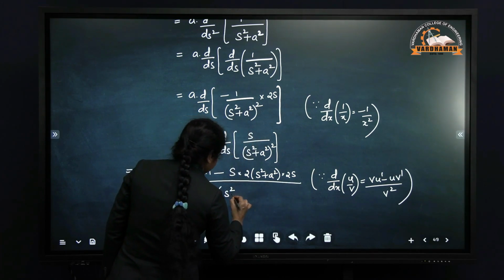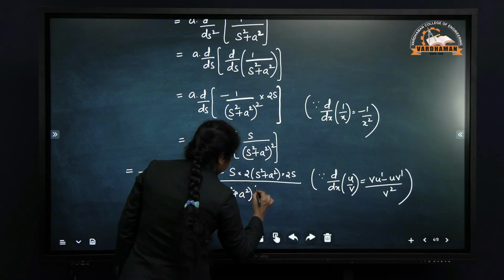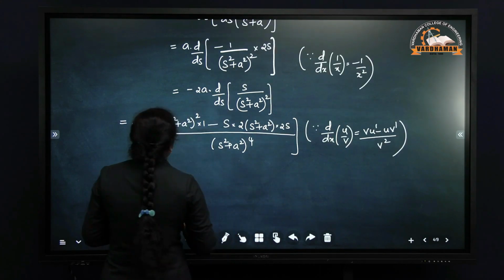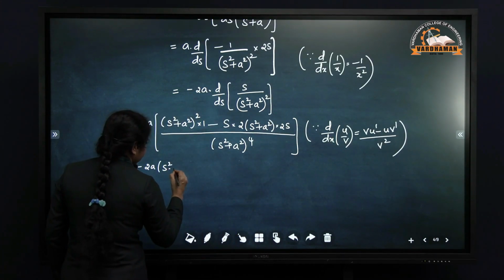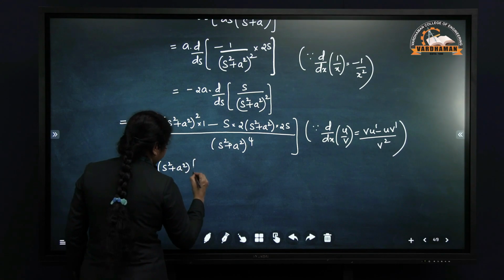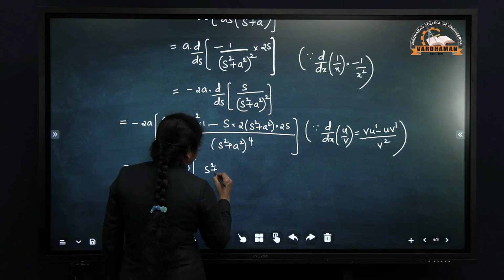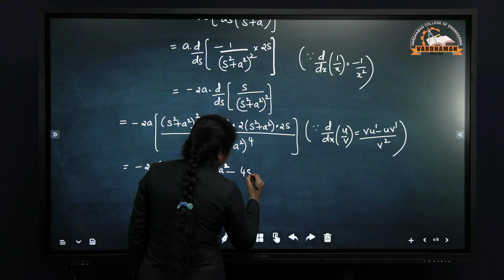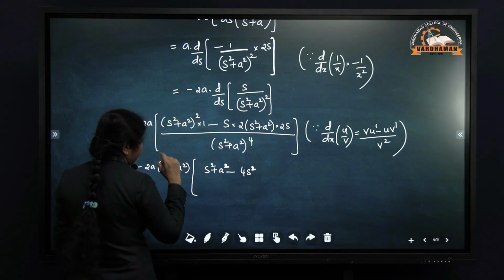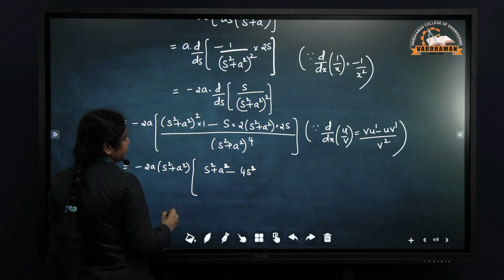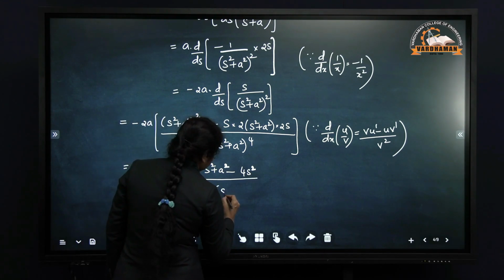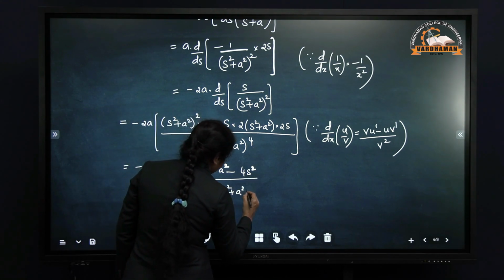by s square plus a square whole square, again whole square gives whole power 4. So by taking s square plus a square common in the numerator we get the term s square plus a square minus 4s square into 1, as we took s square plus a square common, by s square plus a square whole power 4.